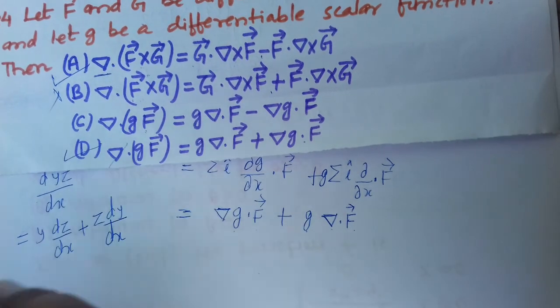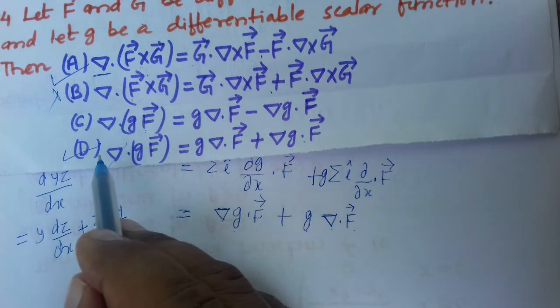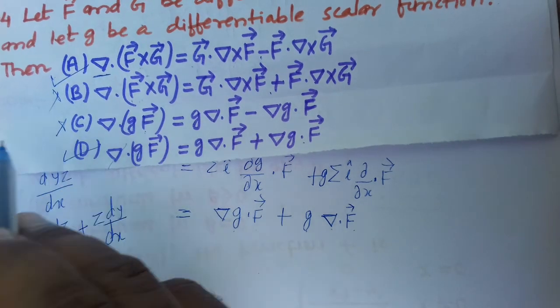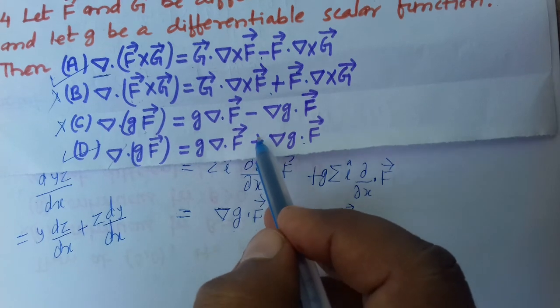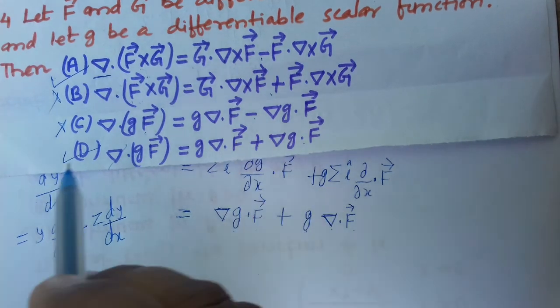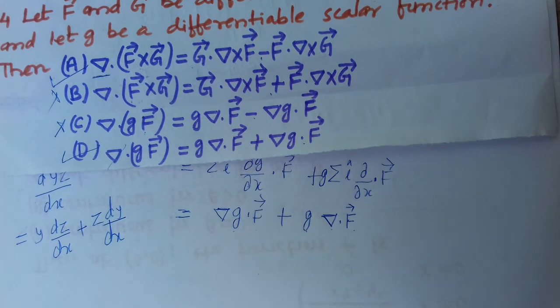So D is correct. Since D is correct, C cannot be correct because the only difference is plus and here you see minus. So correct options are A and D.